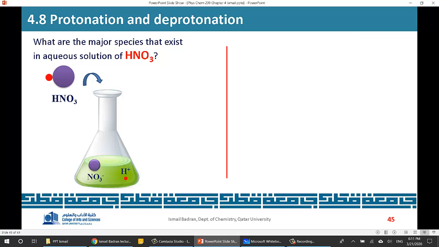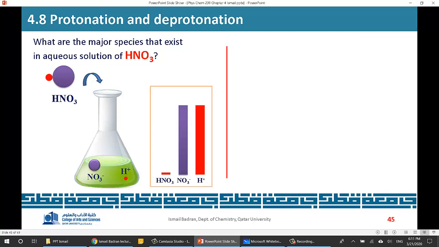So if you imagine you have a microscope and you look at the solution, you will have no HNO3 at all. It's only going to be NO3 minus, the nitrate, and H plus. And the amount of HNO3 in solution is almost non-existing.